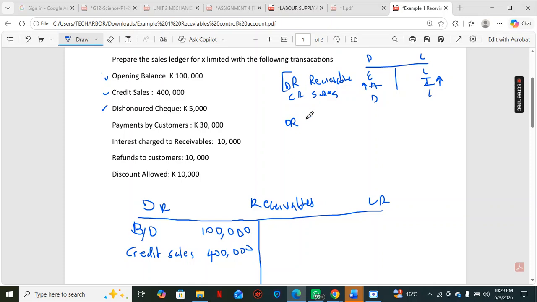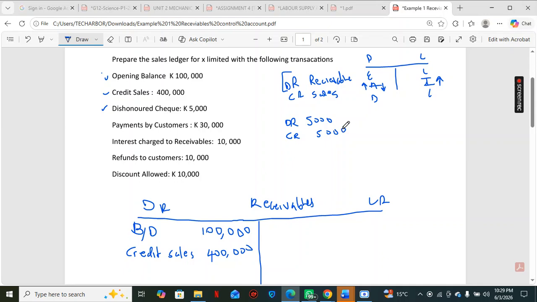So you debit 5,000 from bank. And then you're assuming this person who has paid you is a receivable, someone who owes you money. Once a receivable pays you, it means the money that they're owing you reduces. Reduction in an asset, you credit. So you credit the receivable 5,000.